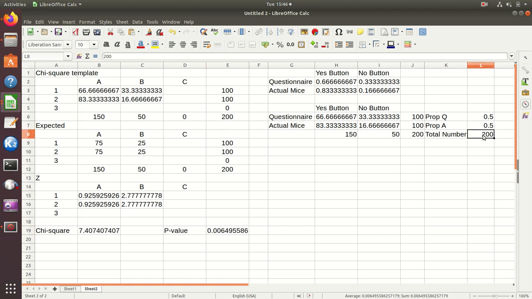So if we had done this experiment with 200 participants and 50% did the questionnaire and 50% did the actual mice, and we did get these proportions that we see up here, then we would say our data supports the idea that there is a dependency here.